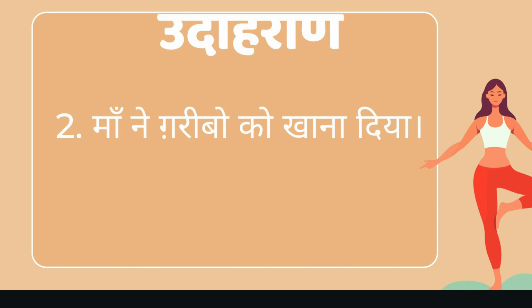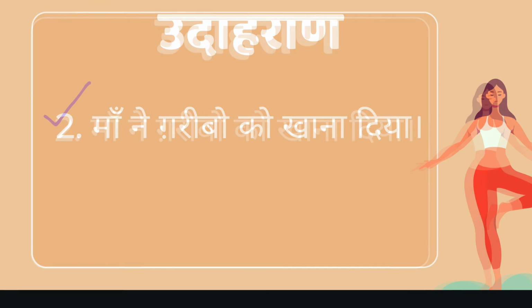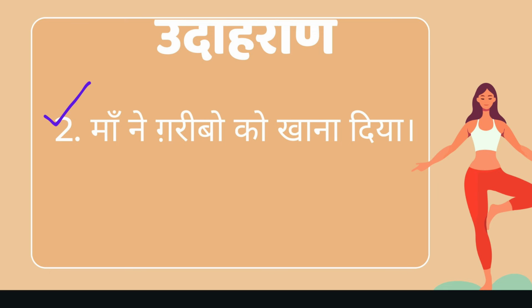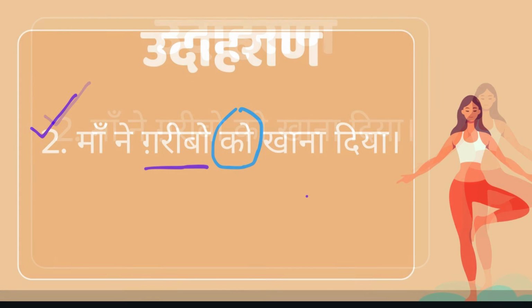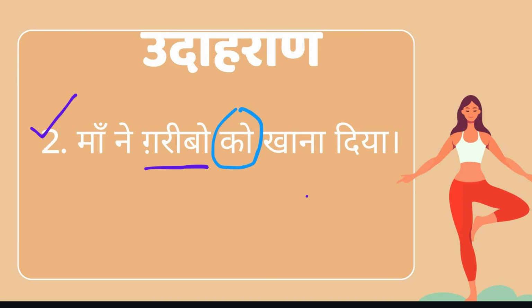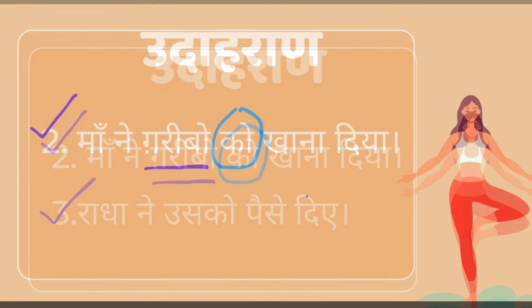Like in this example. माँ ने गरीबों को खाना दिया. Mother gave food to poor people. Gave to whom? गरीबों को. So here गरीबों is sampradan-karak. We write गरीबों को. To the poor.